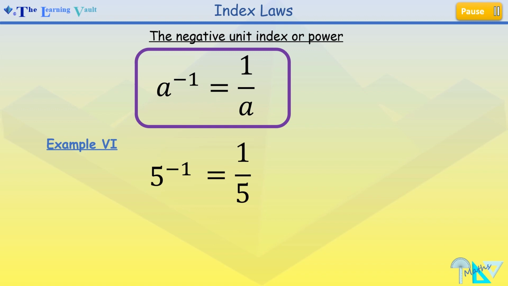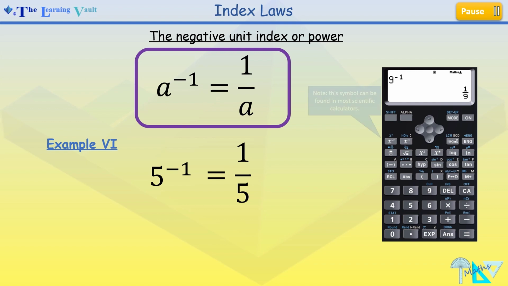Let's demonstrate. In your calculator, we have the symbol that is x to the power of -1. How do we find the answer of 9 to the power of -1? We press 9 first on the calculator and then the x to the negative unit index button.